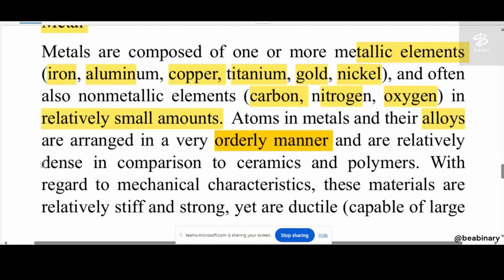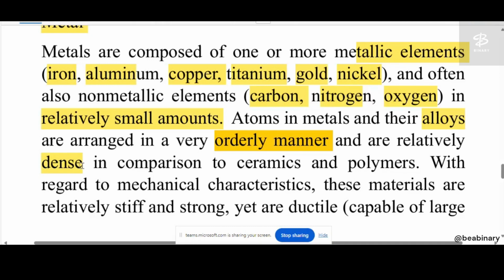Dense means they have more material in very little volume. In a very concise space, they are present in a very high amount, right?